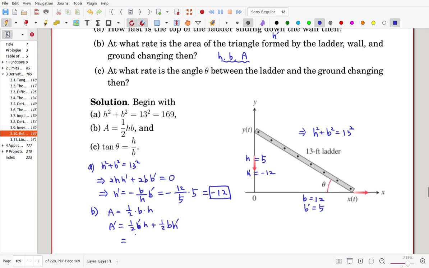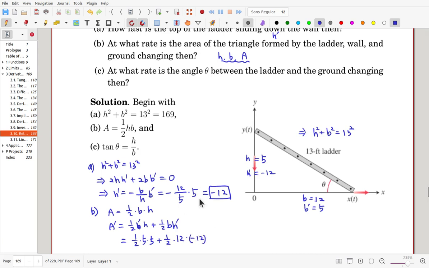Here, what is b prime? It is 5. And h is 5. So that is half times 5 times 5, plus half times b, which is 12, times h prime, which is minus 12.